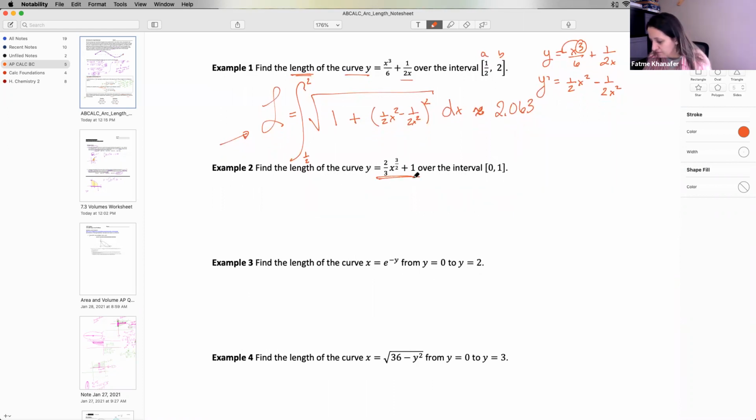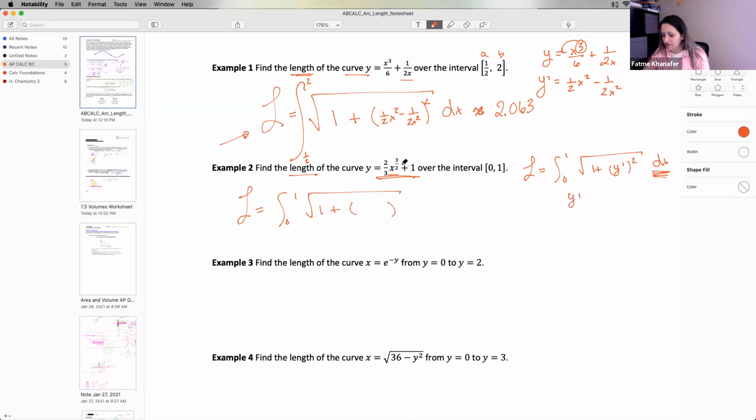All right, find the length of the curve. Again, the formula is going to be the integral from 0 to 1 of the square root of 1 plus y prime squared. It is in terms of x, so I'm taking that derivative in terms of x. So we got to get the y prime.